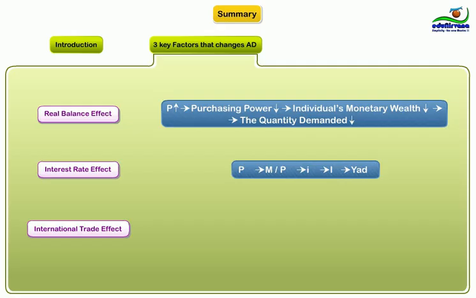Interest rate effect: price decreases, real value of money increases, interest rate decreases, investment increases, aggregate demand increases. International trade effect: price decreases, real value of money increases, interest rate decreases, net exports increases, aggregate demand increases.